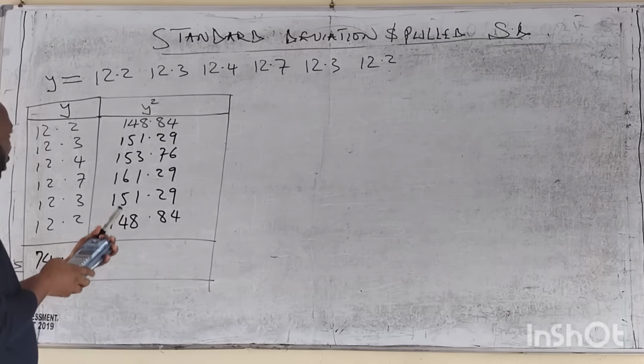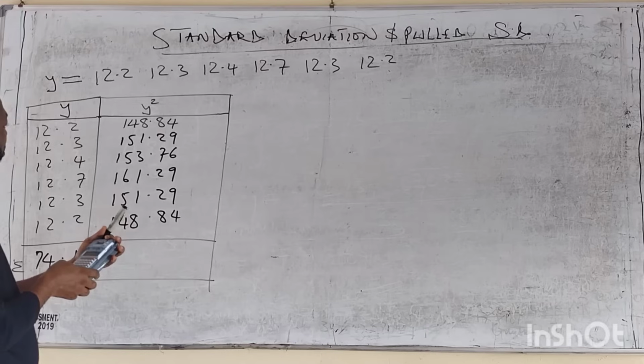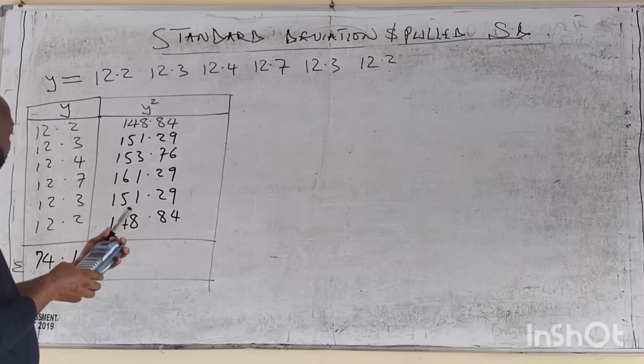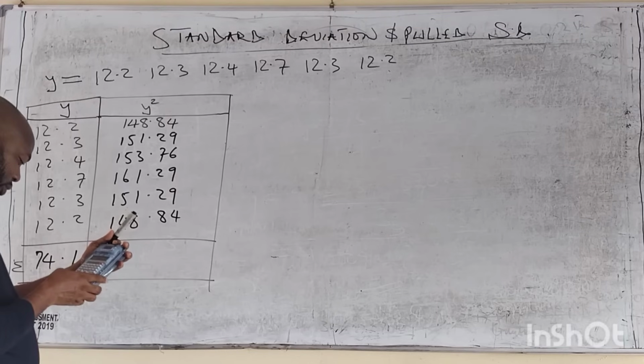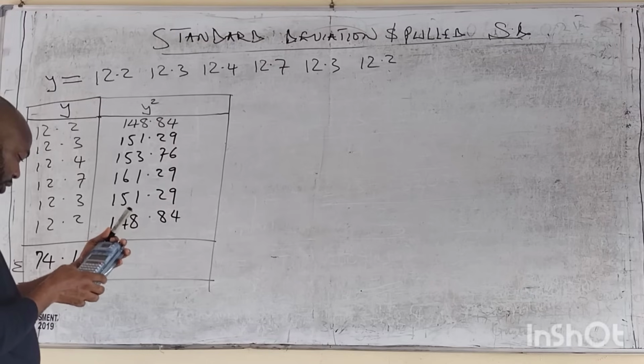Now the other way: 148.84 plus 151.29, plus 153.76, plus 161.29, plus 151.29, plus 148.84.